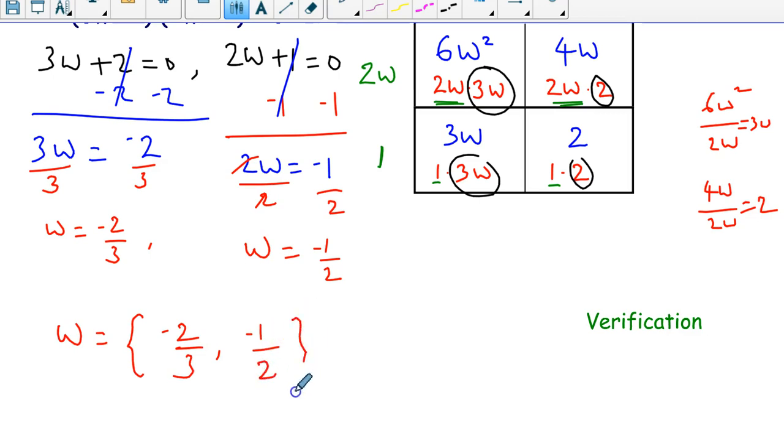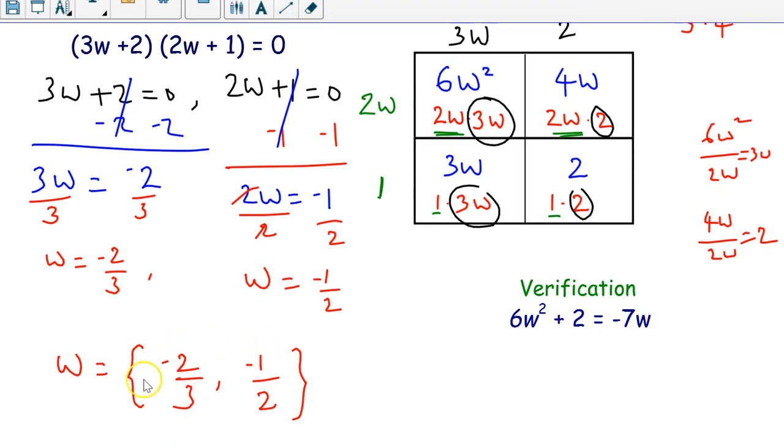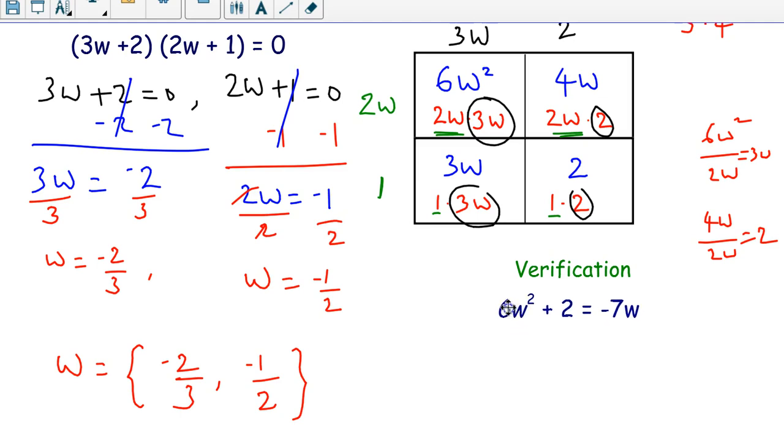Further, we can verify our result by substituting these values of W in the given quadratic equation. This is the one they gave us at the beginning, 6W² + 2 = -7W.